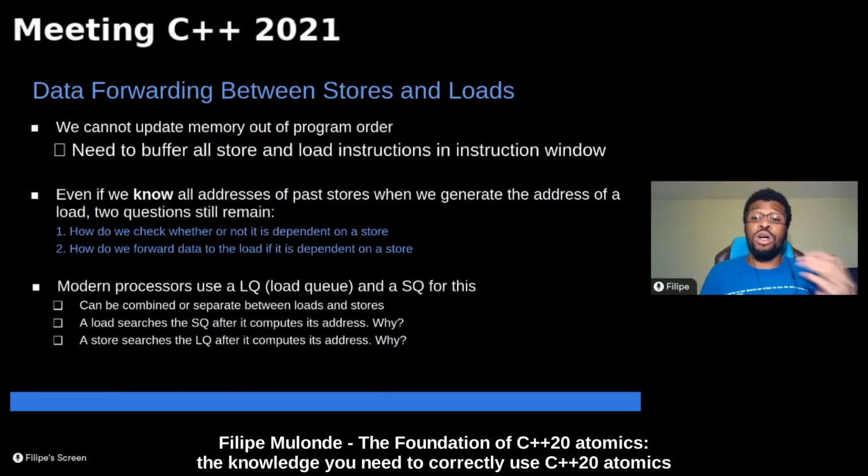And to be able to check, we need to use a buffer or a structure in which, before we dispatch the load, we write its address to that structure, so that when a previous store finishes the computation of its address, the store will search this buffer, that is also called the load queue, to see if there is a subsequent load that was already sent to memory that depends on the previous store.